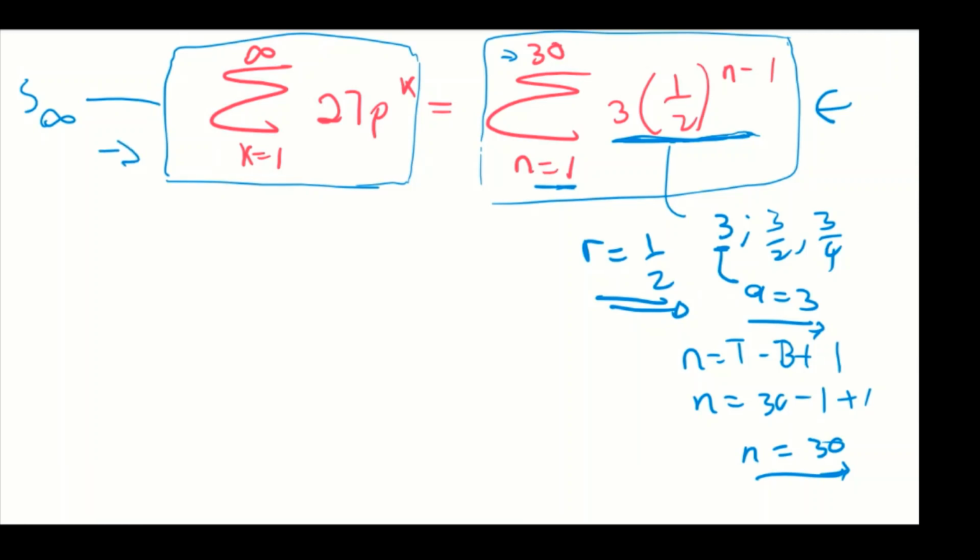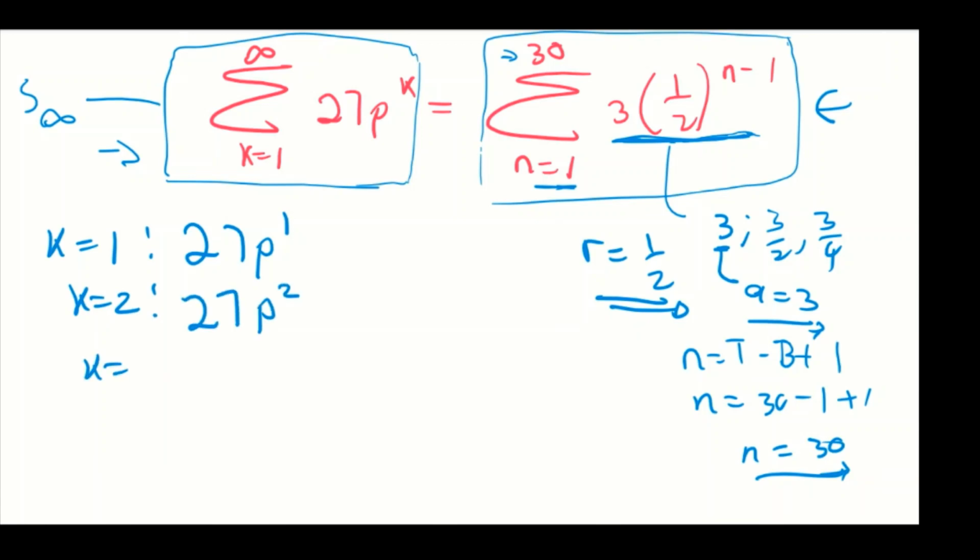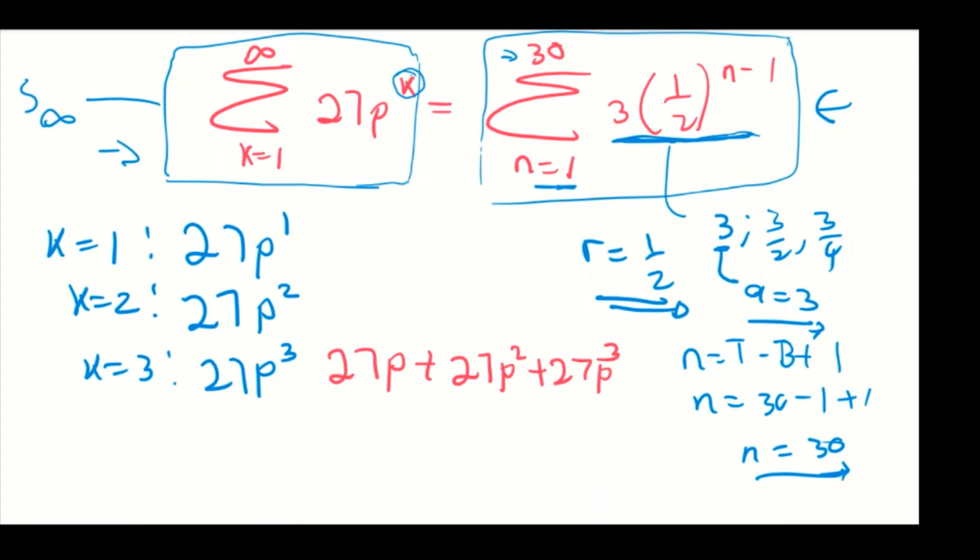Let's just find the first three terms of this one here. So when k is equal to 1, 27p to the power of 1; when k is equal to 2, 27p to the power of 2; when k is equal to 3, 27p to the power of 3. Right, we are substituting the k into this power here. So our first three terms of this sequence are 27p plus 27p squared plus 27p cubed, right?